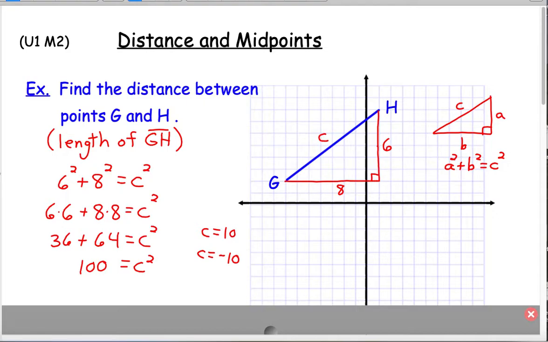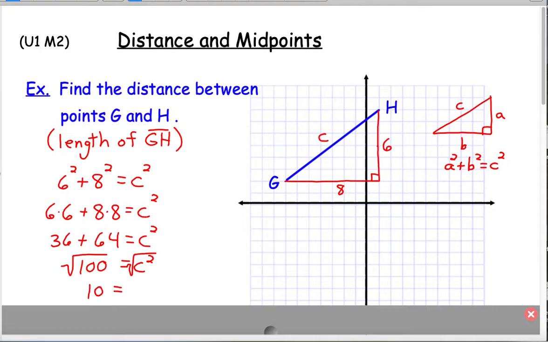But in terms of what we're looking at, C is the length of a segment, so you would never have a negative length. But anyhow, it doesn't always work out to be a nice number like this, so in every case you take the square root, the positive root of the number. So the square root of 100 is 10.